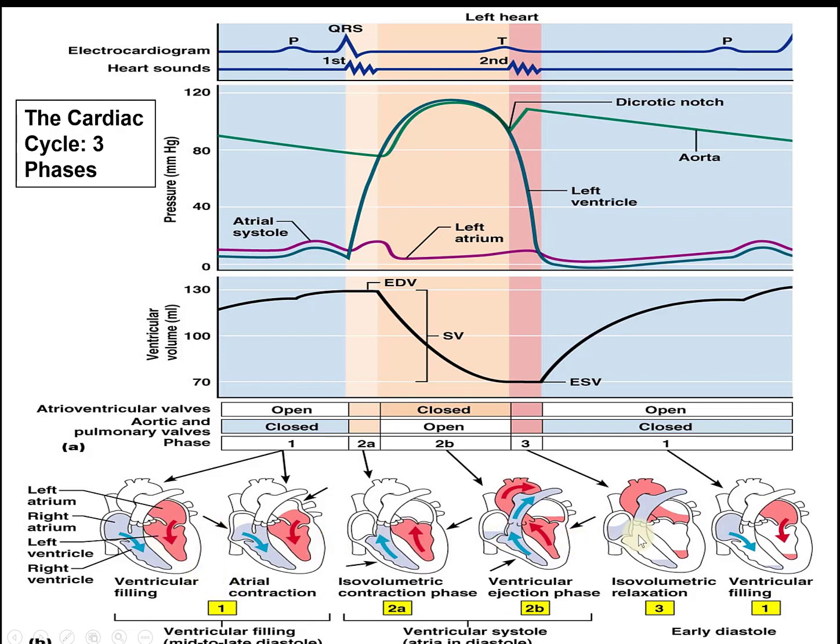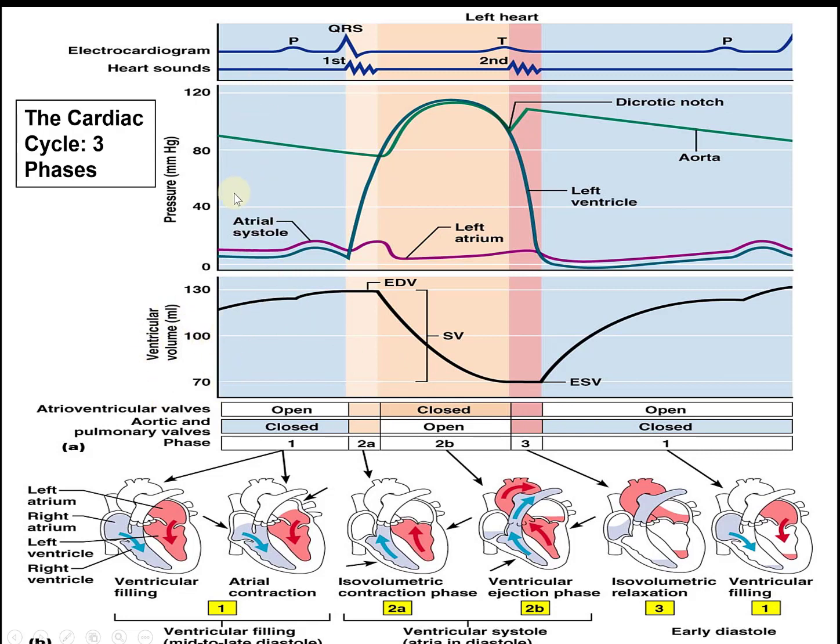Here we have pictures, which I think is the most helpful thing. And then in this part here, you can see whether the valves are opened or closed. These are the semilunar valves, the aortic semilunar and the pulmonary semilunar, and then whether the atrioventricular valves are open or closed. In this graph, it's showing ventricular volume in milliliters.